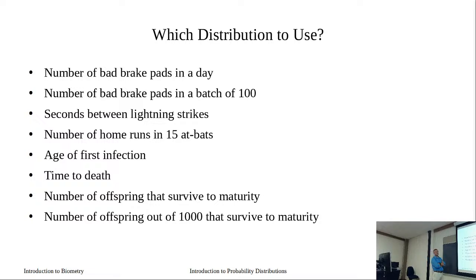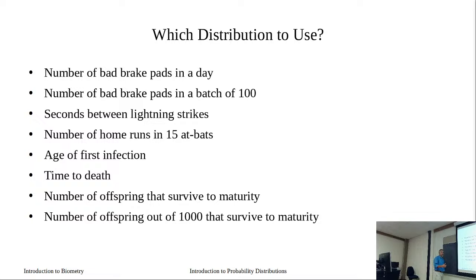So number 2, the second one: number of bad brake pads in a batch of 100. Now this 100, so you're right, I said it for a reason. In a day, we did define a time period, but that's not our out-of number, because our out-of number is related to the number of bad brake pads. We don't know how many we made. Are we making 500 brake pads in a day? Are we making 10,000? We don't know.